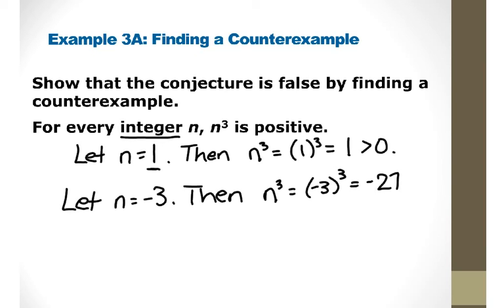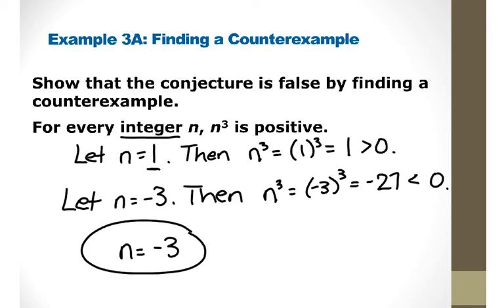This is less than 0, which is not a positive number. So this is our counterexample. N equals -3 is our counterexample.